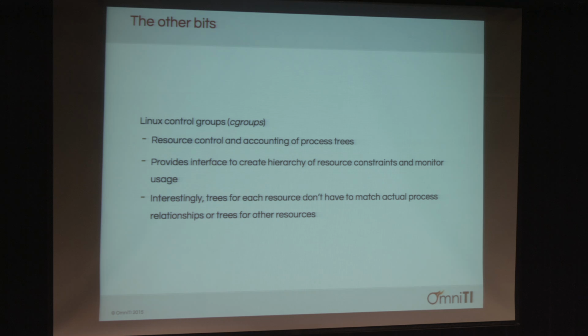The other piece of the puzzle for Linux containers was control groups, or cgroups, which was a separate mechanism that let you specify resource limits and also get resource control information. You would construct another parallel process tree for each type of resource. These trees could be structured however you want, and didn't have to match the real process tree in terms of hierarchy.